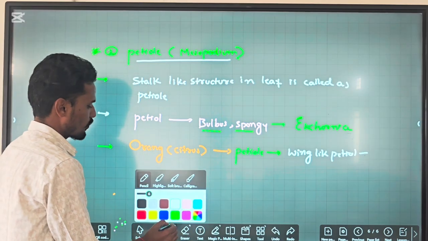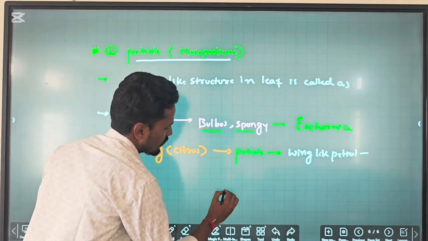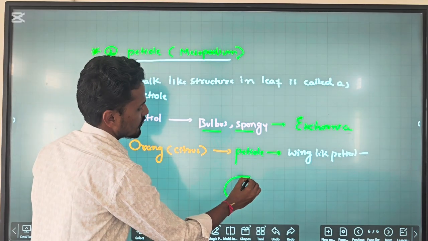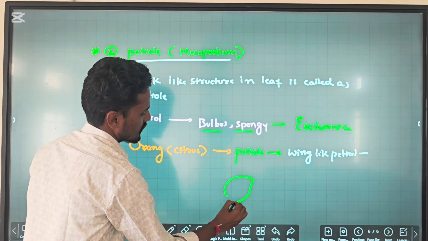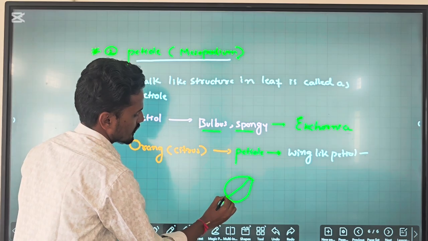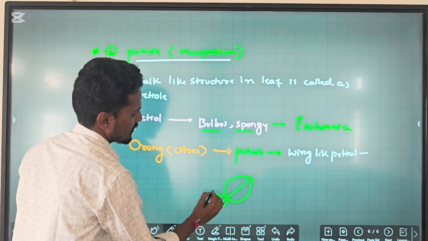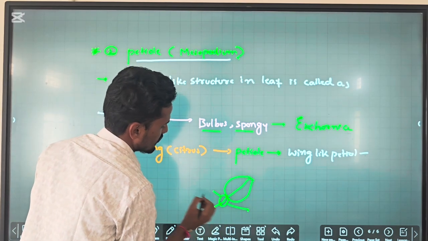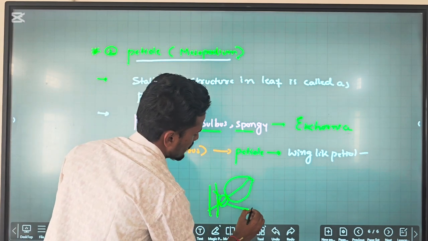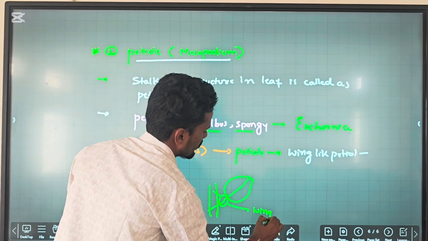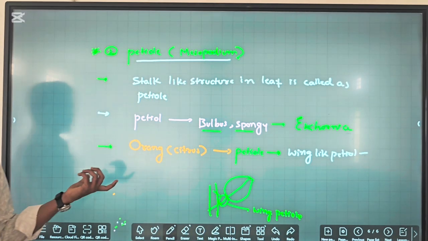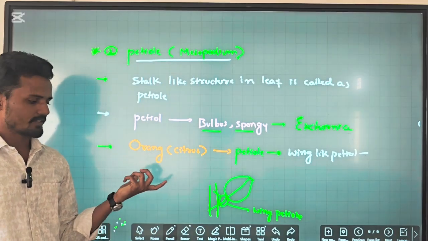We'll see diagrammatically how it looks. You can see in a citrus or orange plant what the petioles look like. They look like this. This is the stem, and this is called the winged petiole.